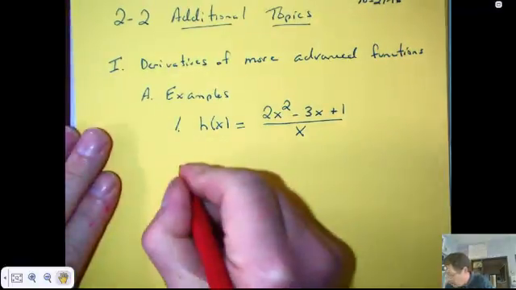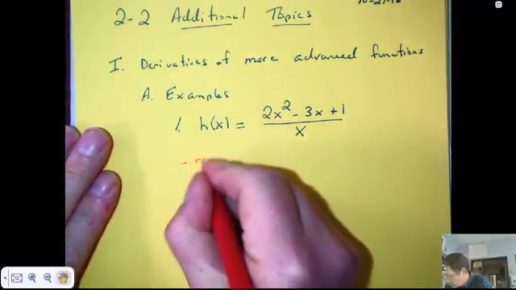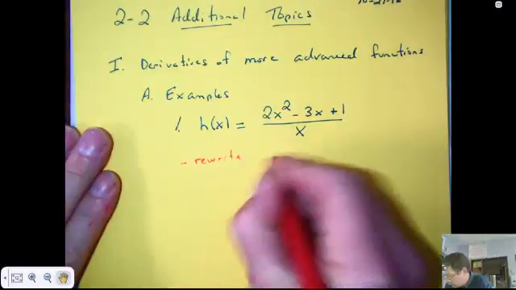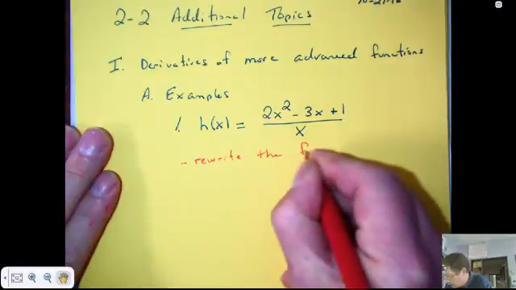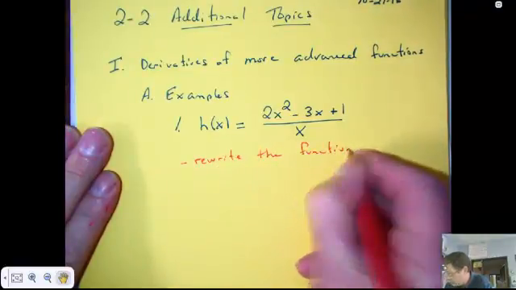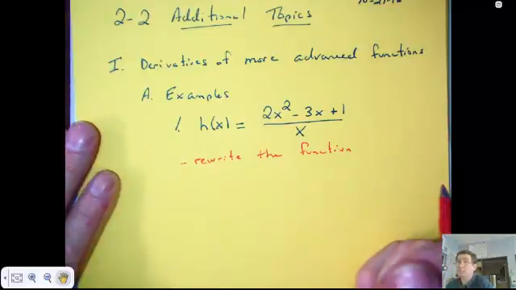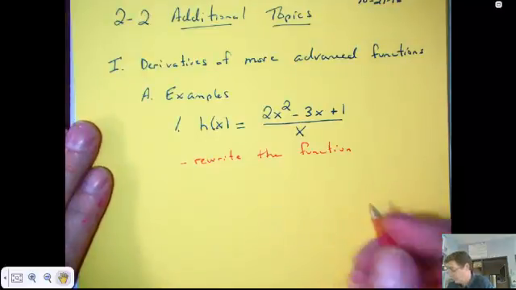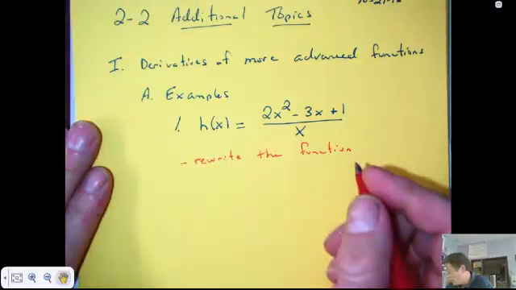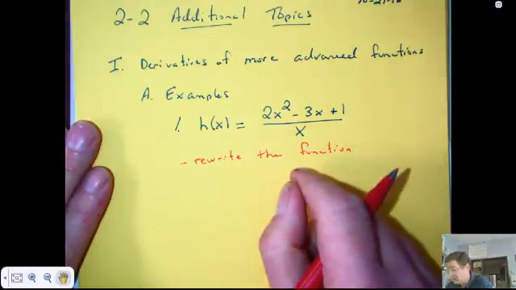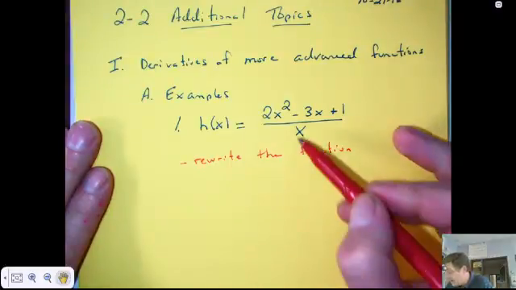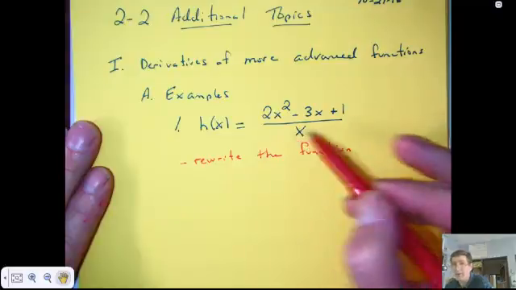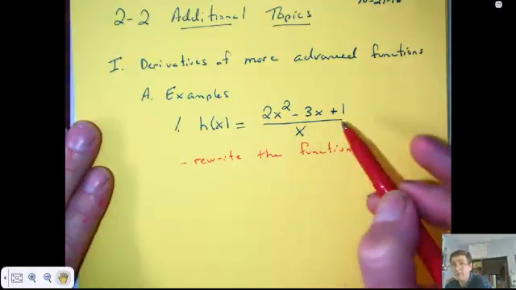So we need to rewrite the function. We have to eliminate that division. So what can I do with this? Well, I don't think it factors, but the key to this one is this x is a common denominator, right? It's divided by everything.